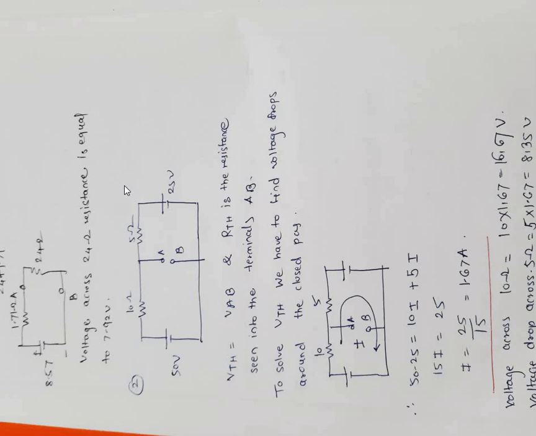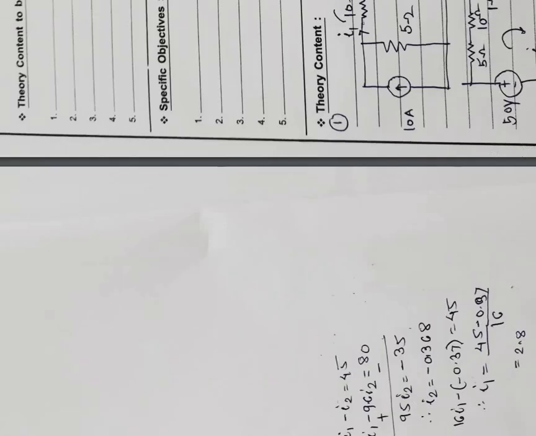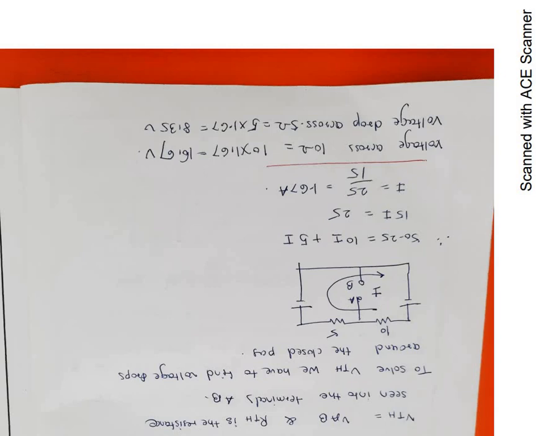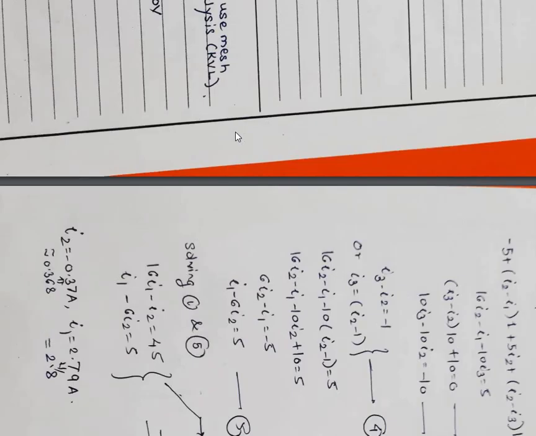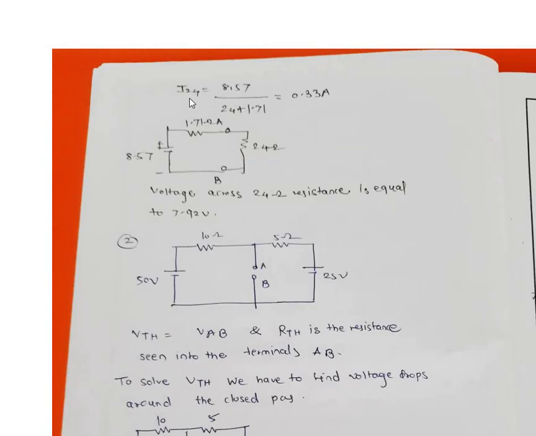And now if you calculate, I24 is equal to 8.57 volt divided by 24 plus 1.71, because this is our RTH, this is our VTH, that is VOC, and the current flowing through this loop will be I24 ohm.